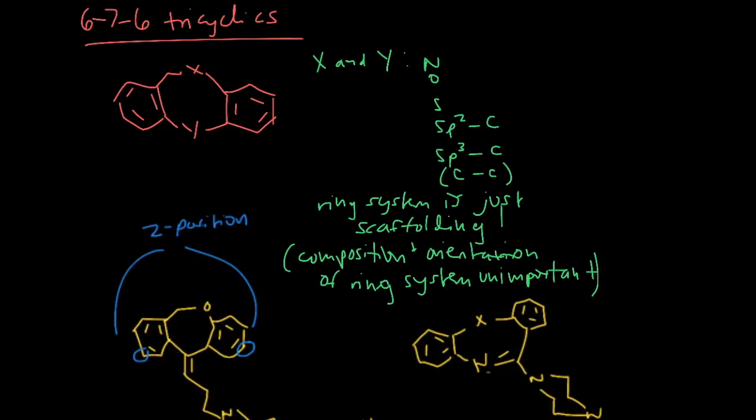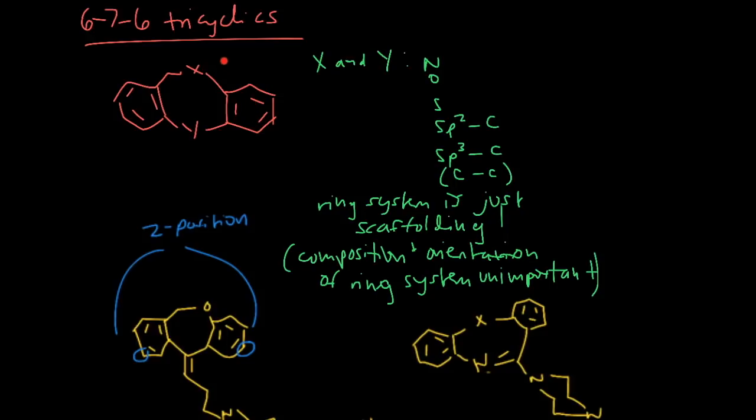The ring system here is just scaffolding for attachment of their receptor binding groups. So your composition and orientation of the ring system is important, meaning that you can put any atom in this ring.